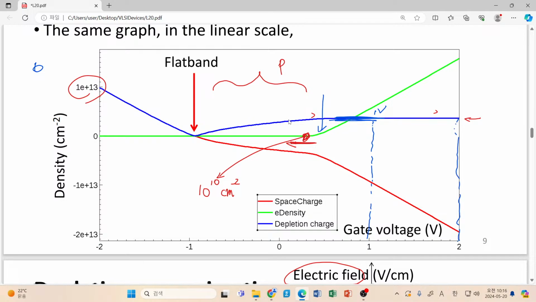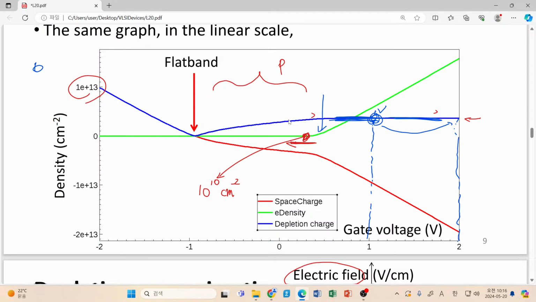It means that starting from this point, we applied an additional 1 volt, and you know that this additional 1 volt should be divided into the oxide layer and the silicon layer, but this almost flat curve strongly suggests that in this case silicon does not take any further surface potential.